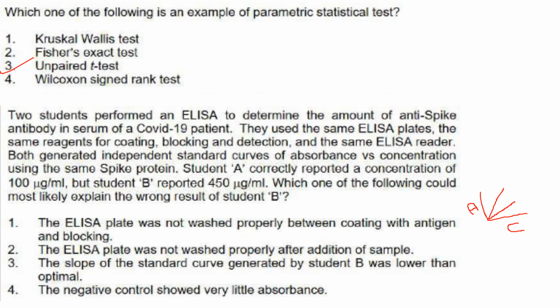So if it was lower than the optimal, then the concentration would be high. So 3 is the answer. The negative control showed very little absorbance. Negative control usually indicates issues with background noise, etc. So not concentration.